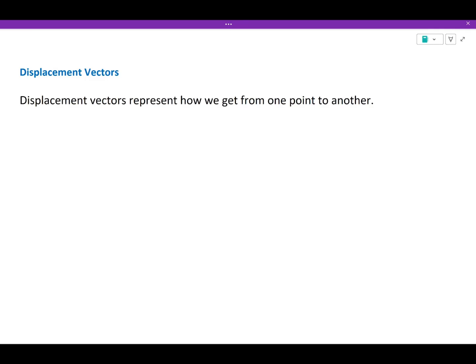So what I'm going to do is come up with a formula for a displacement vector in terms of position vectors. So let's say we have our origin, the point O, which I'll mark here, and then let's say there was some point A. And let's say I knew how to get from O to A. So in other words, I knew the position vector of A, which would be denoted O to A like this.